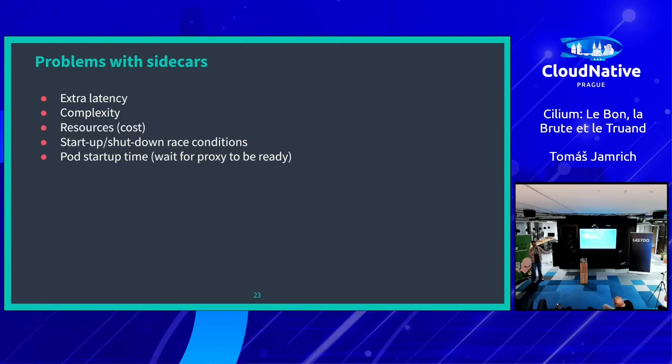So it basically doubles your cost, almost for no reason. There are some race conditions regarding startup and shutdown with these sidecar proxies, and they can cause delays in startup time, because pod startup will wait until the proxy is ready, and the other way around.